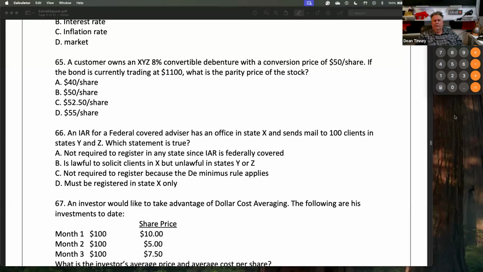Parity means equal. So what this question is asking in plain English is, if you buy this bond for 1100 and you convert, what would you be paying for the stock?